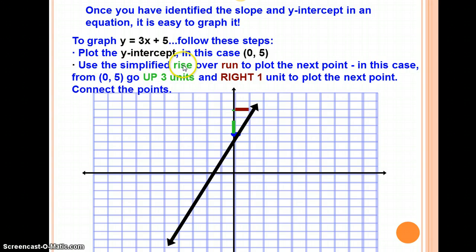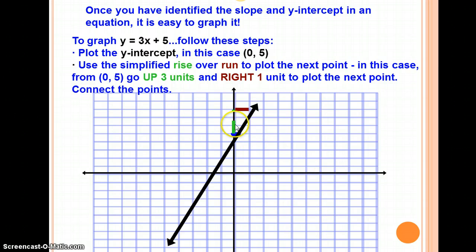Now I can simplify rise over run to plot the next point. My 3x represents 3 units up for my rise on the y-axis, because when we have 3, it's the same thing as saying 3 over 1 in a fraction.